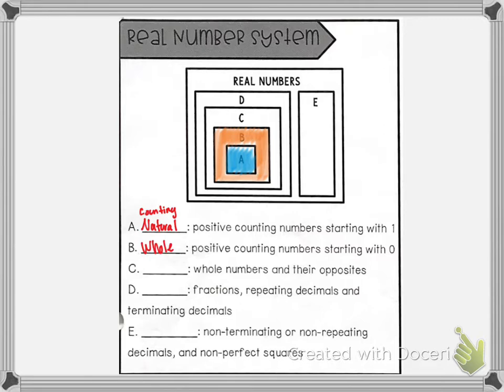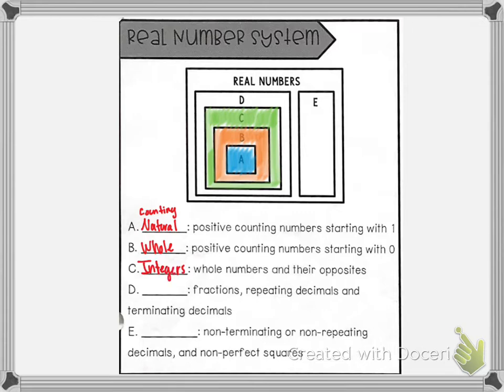Okay. Then next one, let's look at C. Here we have C, and A and B are inside of it. So whatever A and B are, they're also what C is. C is whole numbers and their opposites. So positive and negative numbers, those are going to be integers.